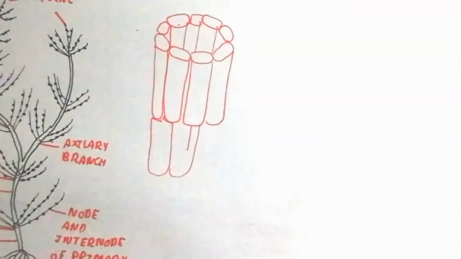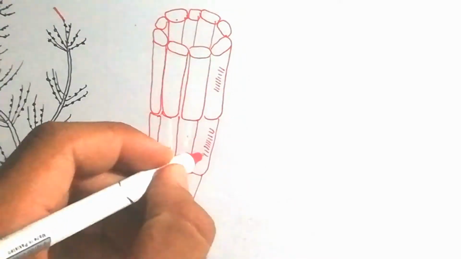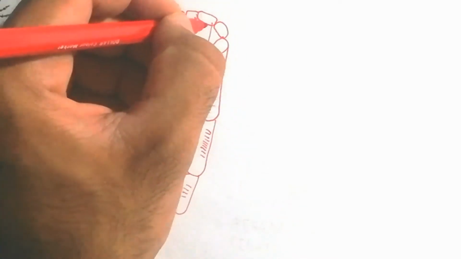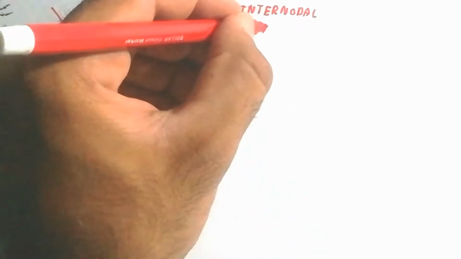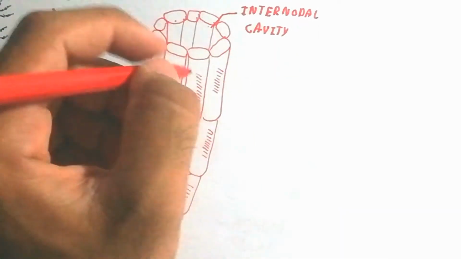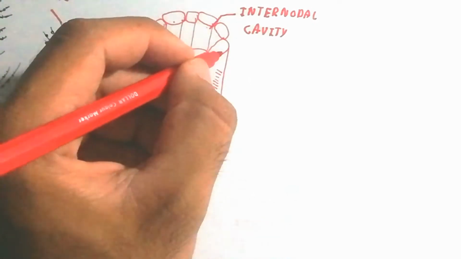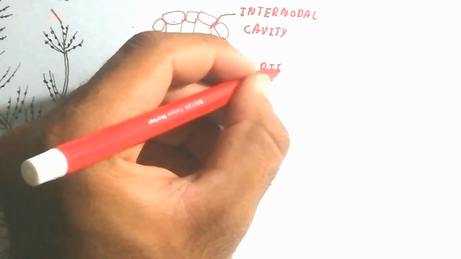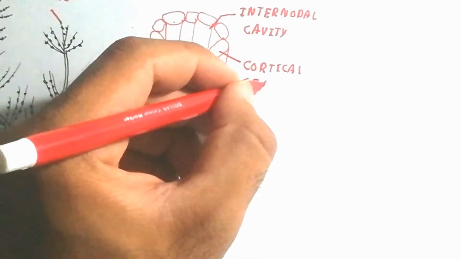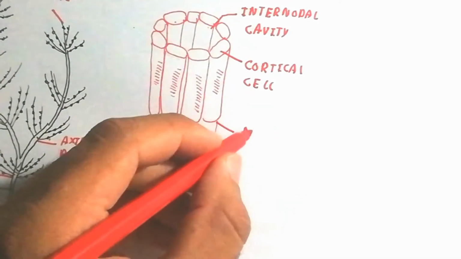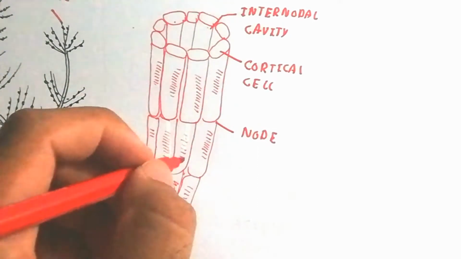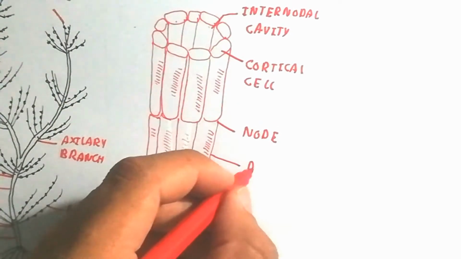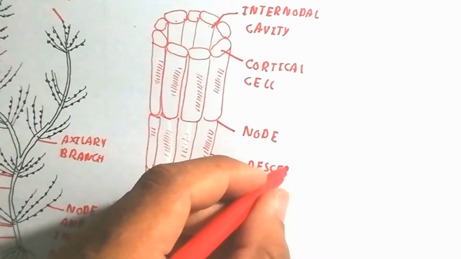Here I draw the basic structure of the stem of the thallophyte. The internodal cavity is present here, meaning the internode contains a hollow cavity. But the node portion is not hollow because cells are present, so remember it. Here is the cortical cell, the upper layer, making a hollow shape formation, and that's the node here.